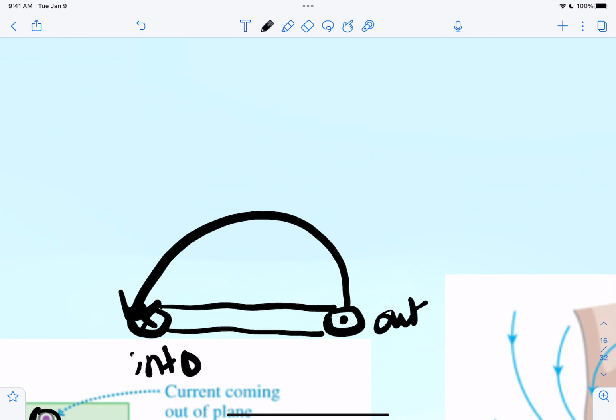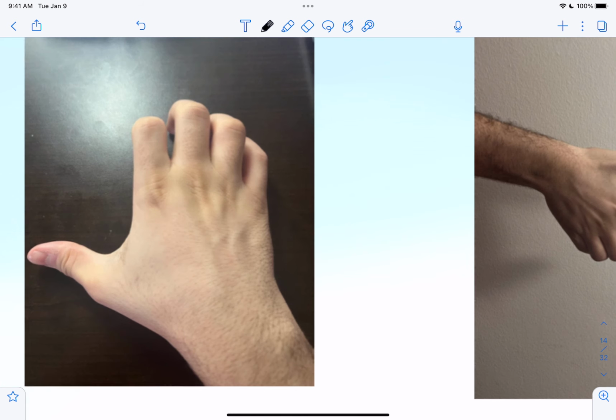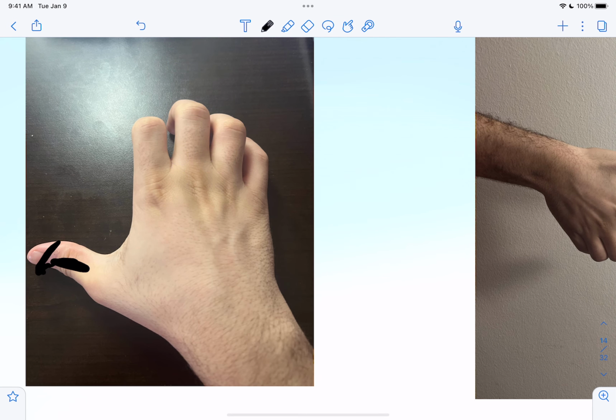Now, for those that kind of missed this earlier, let's say it's kind of hard here because I have a flat surface like a desk or something. Actually, hold up. Yeah, here it is. This was a better one.